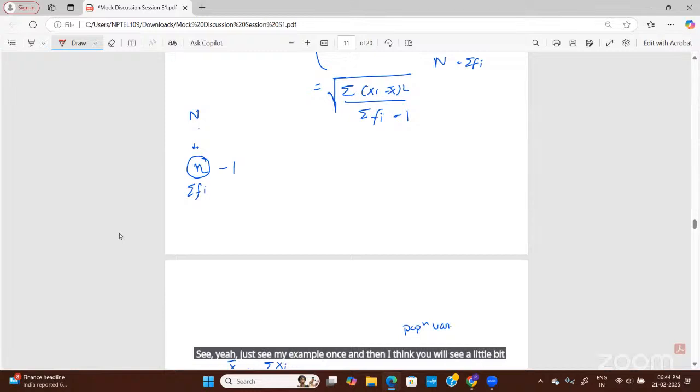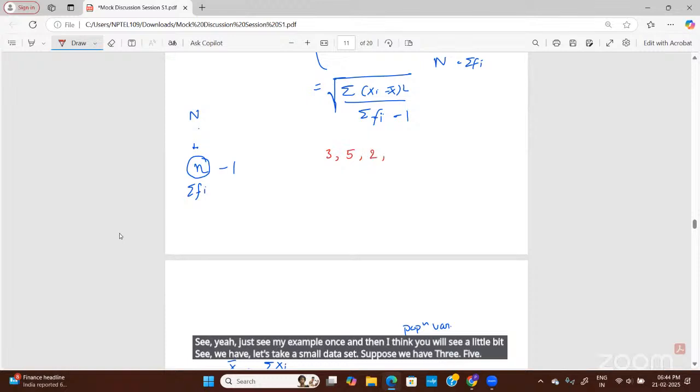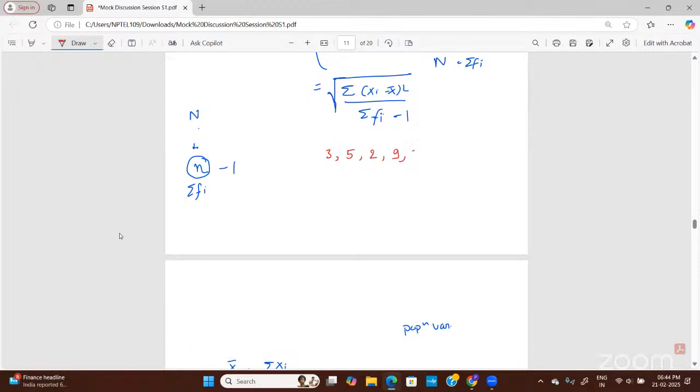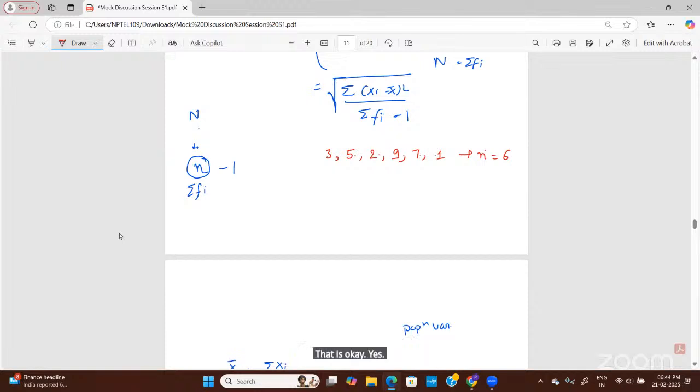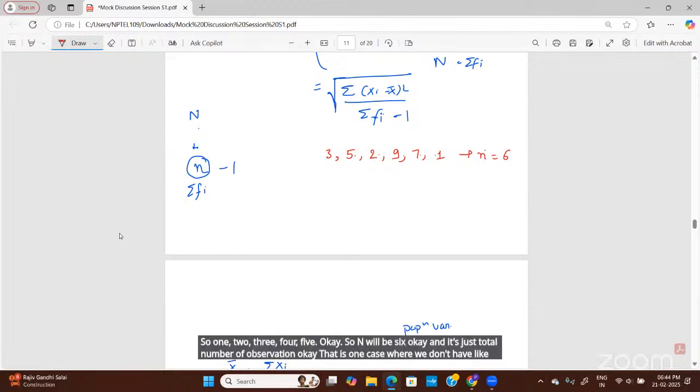Let's take a small data set. Suppose we have 3, 5, 2, 9, 7, 1. So n will be 6. N is just the total number of observation. That is one case where we don't have frequency, frequency is one for each type of data.